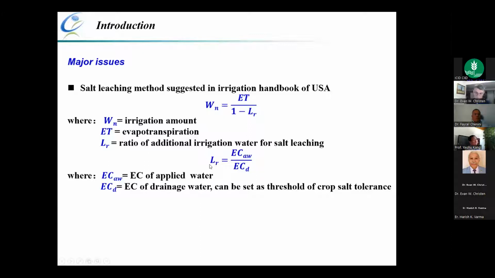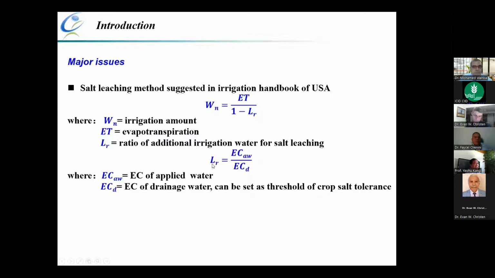An equation is suggested: LR equals ECaw divided by ECd. ECaw is the EC of the applied water, and ECd is the EC of the drainage water, which can be set as a threshold of the crop's soil salinity tolerance.